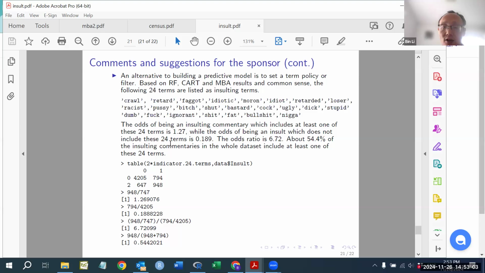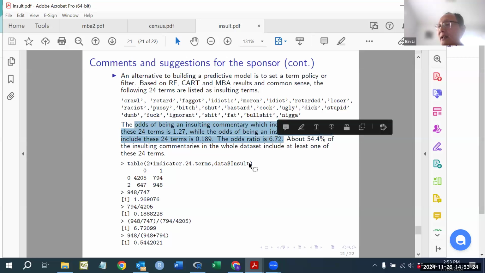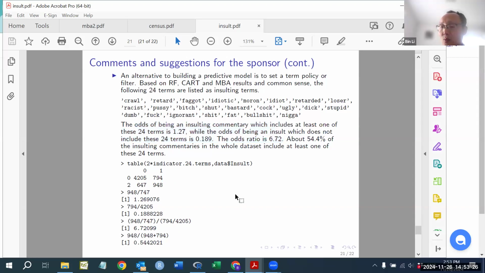methods. Okay, so the odds of being an insulting comment, for comments which include at least one of these 24 terms, is 1.27, while the odds of being insulting for comments that do not include these terms is only 0.189. So that means the odds ratio is 6.72. Okay, so what does that mean?